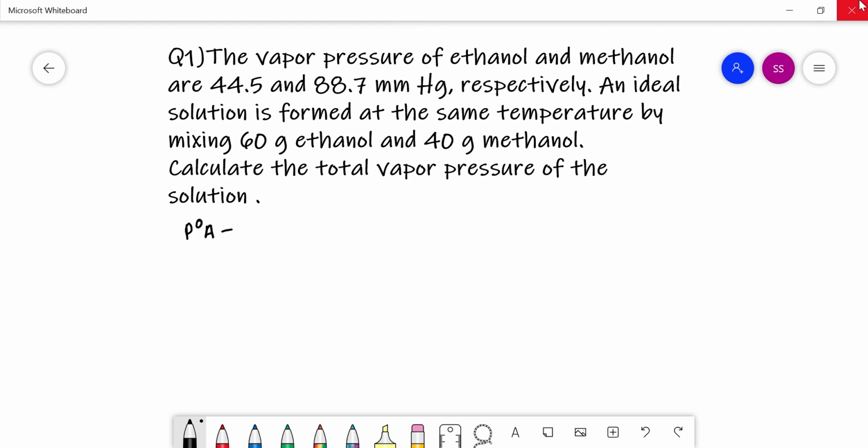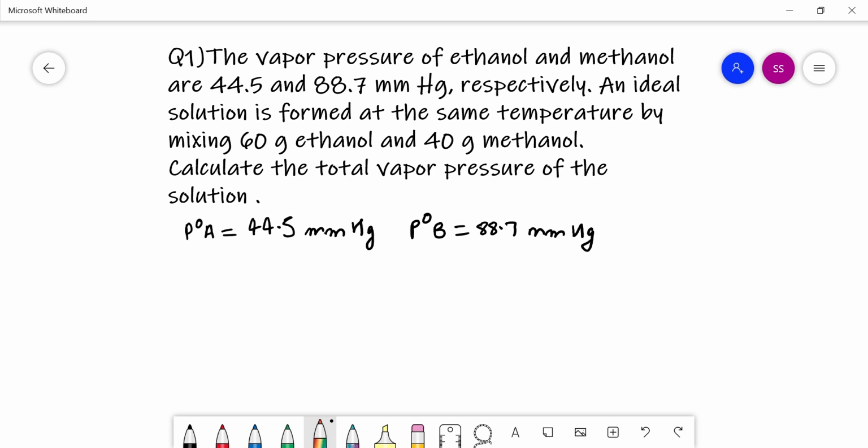PA naught is equal to 44.5 mmHg, PB naught is equal to 88.7 mmHg. PA naught is the vapor pressure of ethanol and PB naught is the vapor pressure of methanol.